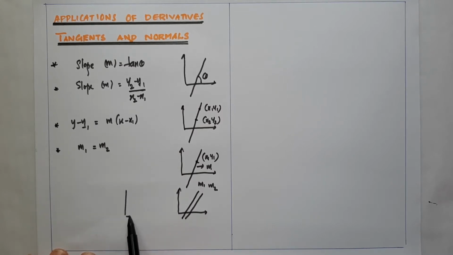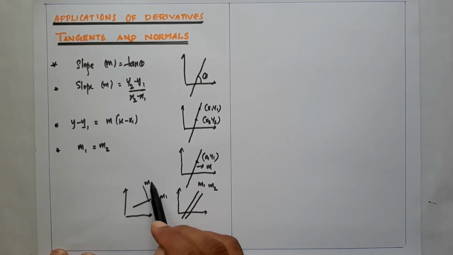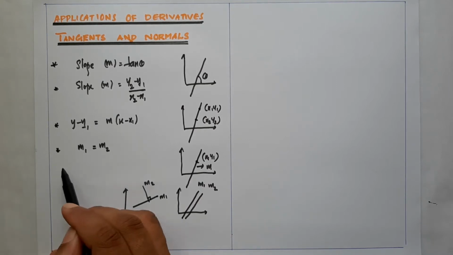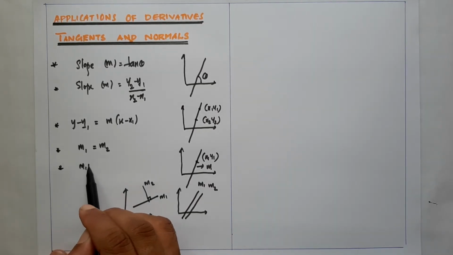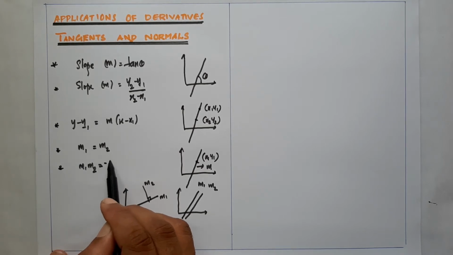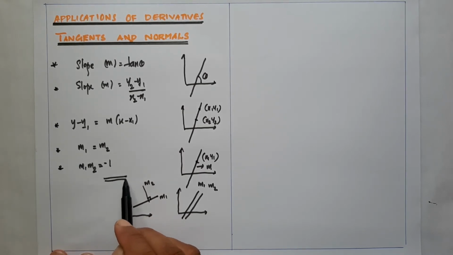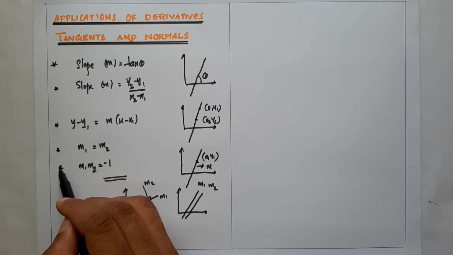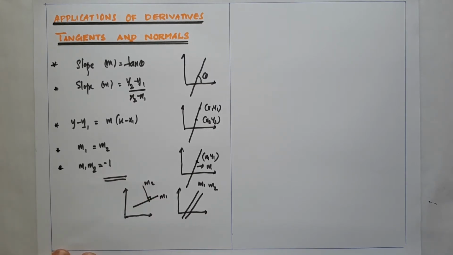And if two lines are mutually perpendicular, with slopes m1 and m2, making an angle of 90 degrees, then the condition for perpendicularity is m1 into m2 is equal to minus 1. These are the main points we discussed in our first year classes.